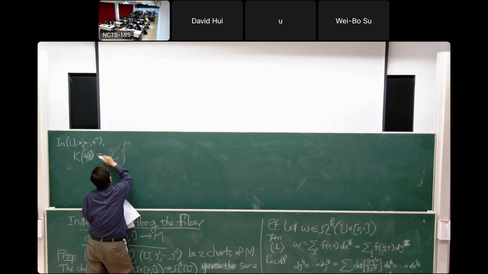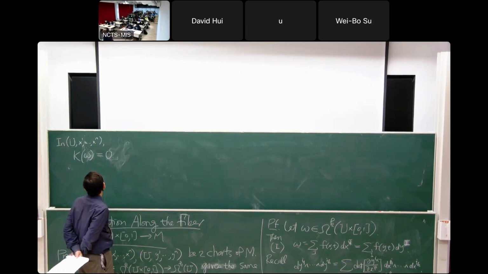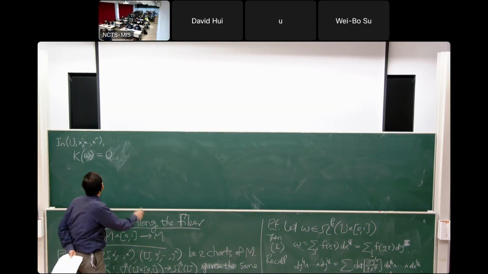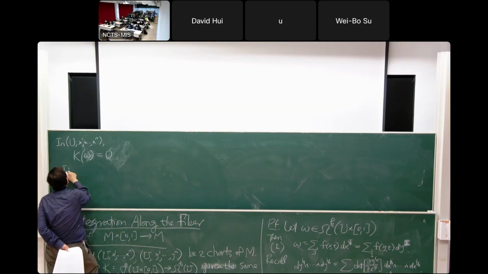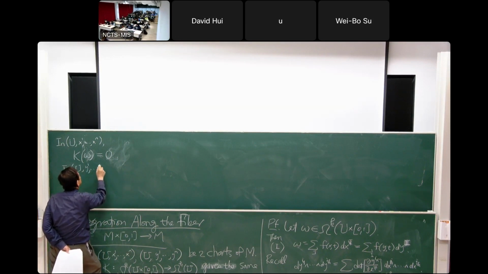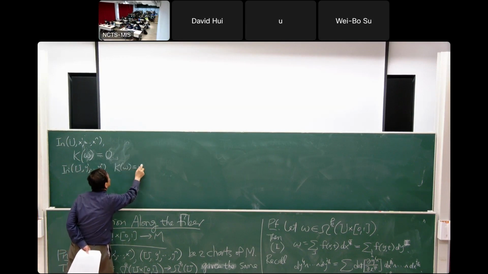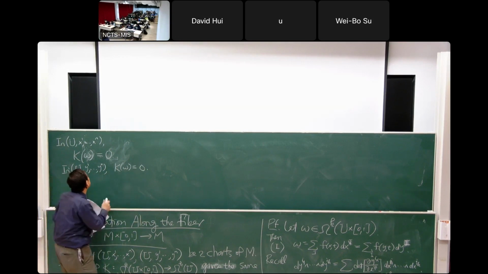No, it is just 0, right? So in the x coordinate system, you get 0. And in the y coordinate system, you also get 0, because it's also a type 1 form. Okay, so that's fine. Now let's check type 2 forms.